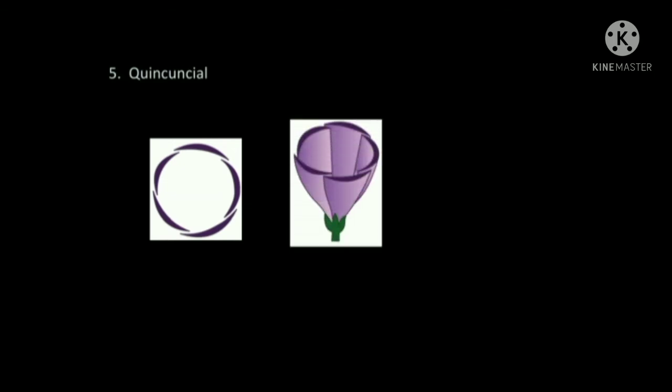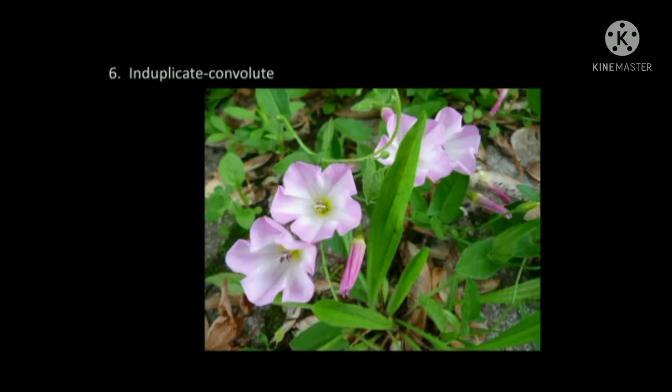The fifth type of aestivation is quincuncial aestivation. In this, the sepals or petals are arranged in units of 5, in which 2 will be completely interior and 2 will be completely exterior. The remaining one is partially interior and partially exterior. The sixth and last type of aestivation is induplicate convolute.